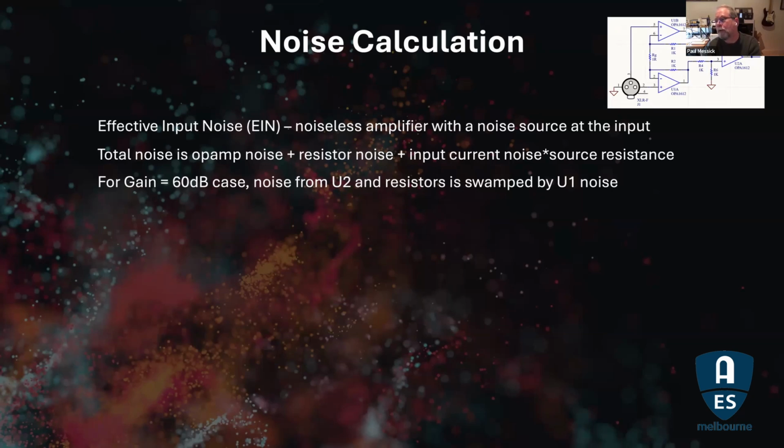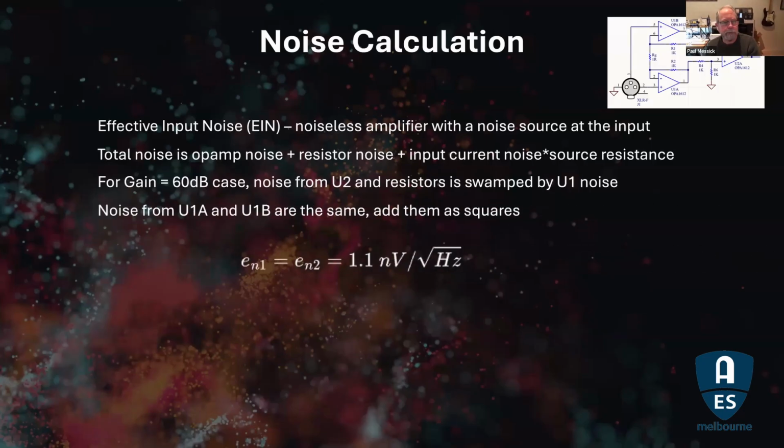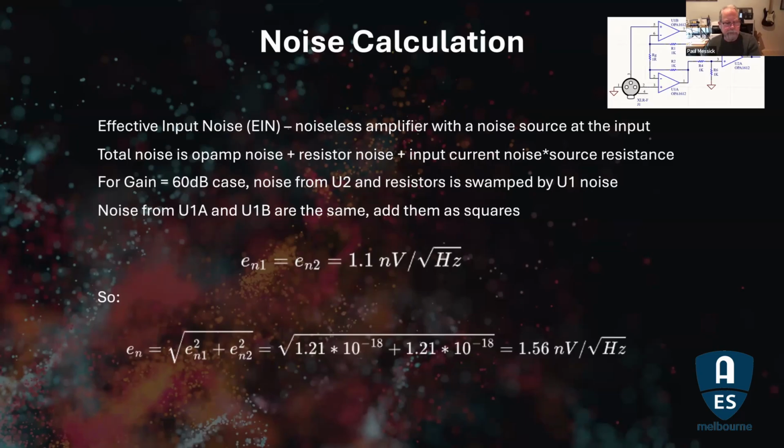We're going to pretend that they're all perfect because it's close enough. Since the noise from U1 A and B are the same, we can add them like we talked about earlier as the sum of the squares of the voltages. So that looks like this, very fancy.